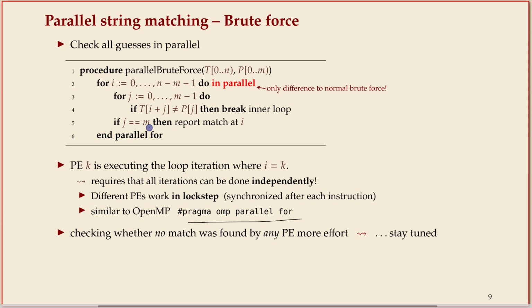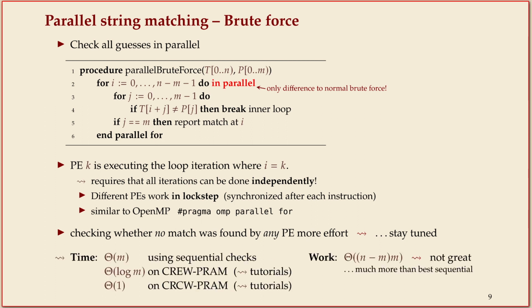So happy? Is that a good algorithm? It's okay from the perspective of span, because instead of spending time linear in the length of the text, which is usually much bigger than the pattern, we just spend time proportional to the pattern, even if we do it simply as in here.